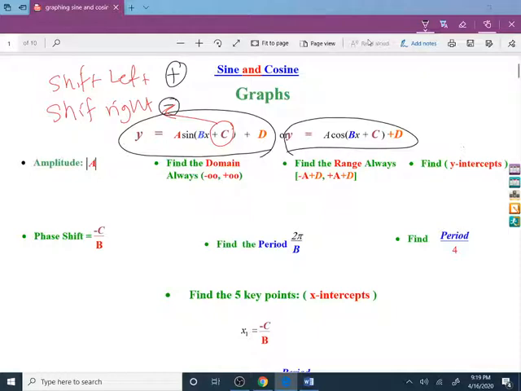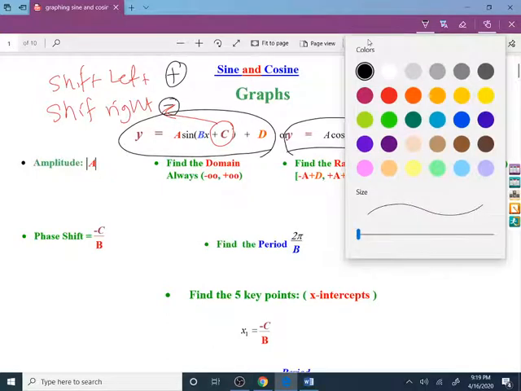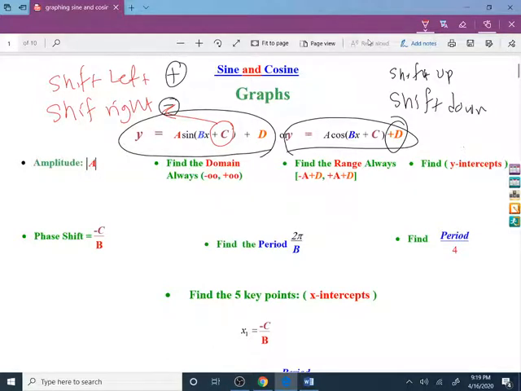The D, you see the D here? The D added to this means shift up or shift down. Up when the D is plus, down when the D is minus.